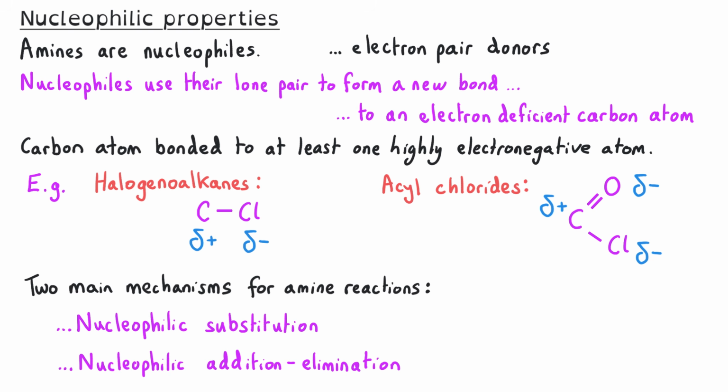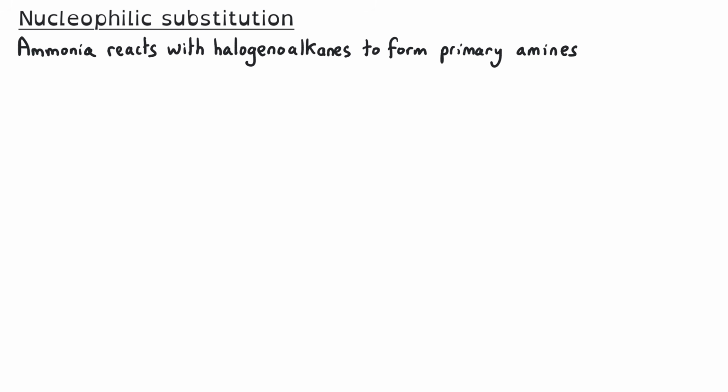There are two main mechanisms for amine reactions that we're going to look at, and these are nucleophilic substitution and nucleophilic addition-elimination. For the nucleophilic substitution mechanism, the most commonly tested example is when ammonia reacts with halogenoalkanes to form primary amines.